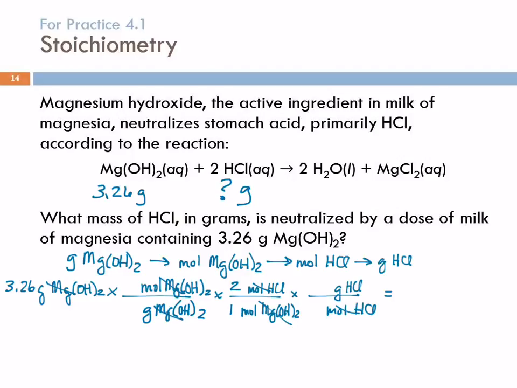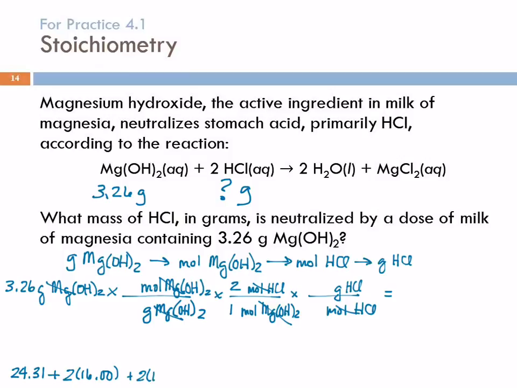First and last terms are molar masses. We do a lot of calculating molar masses. So magnesium, 24.31. How many oxygens in that formula? 2. 2 times the mass of oxygen. How many hydrogens? 2.